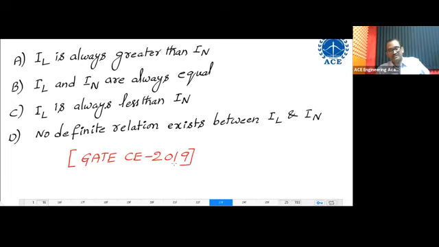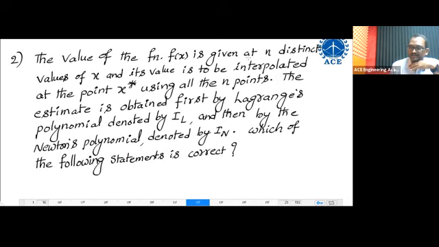Given in the GATE Civil Engineering 2019, please remember IL means, when you solve, f of x is defined at distinct values of x. Distinct means different x values. So IL is the value obtained for those different x values using Lagrange's interpolation polynomial, and IN is the value obtained using Newton's interpolation polynomial.